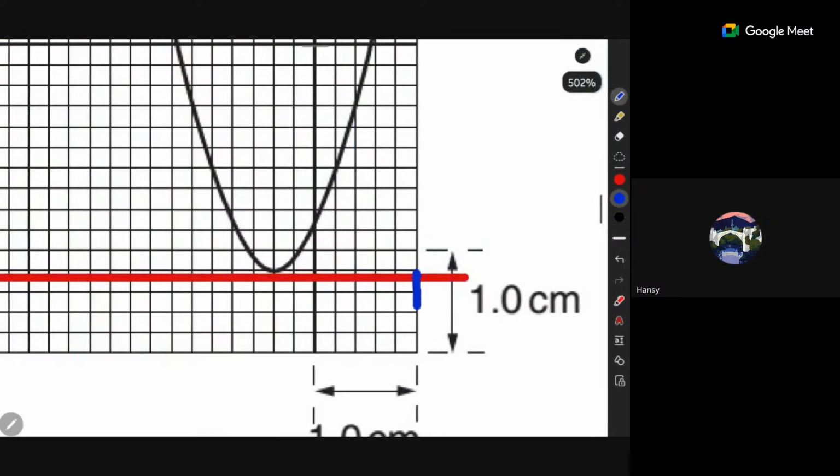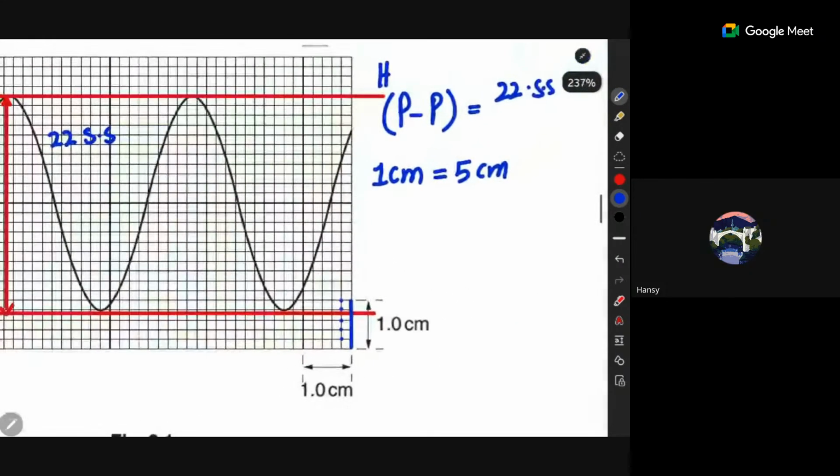Check this one out. Any 1 centimeter consists of how many squares? One, two, three, four. Is it four? And five. Sorry, it is till this point. Five small squares, right? That is equal to 1 centimeter. Am I right?